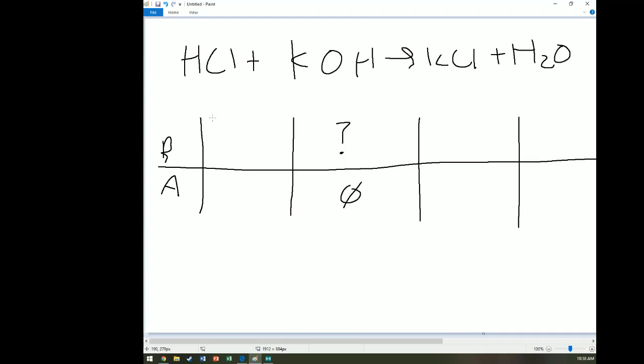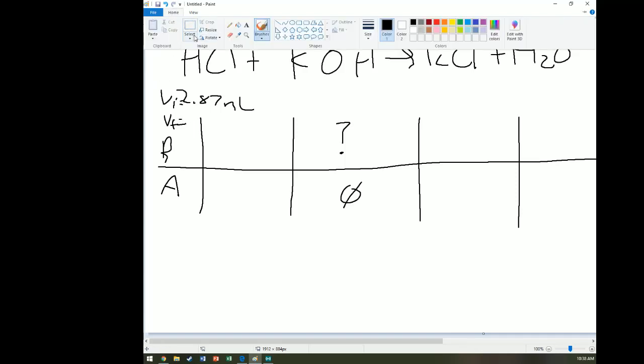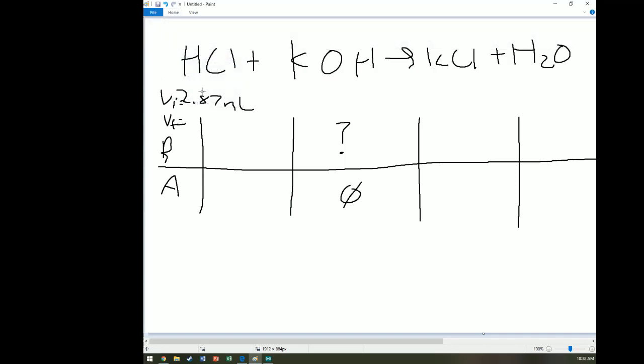What we do know is that the initial reading from the burette, VI, was 2.87 mL, and VF was the final volume. Let me do these volume calculations off to the side.